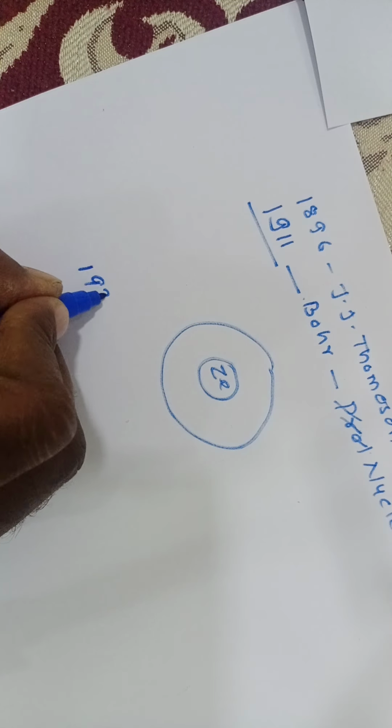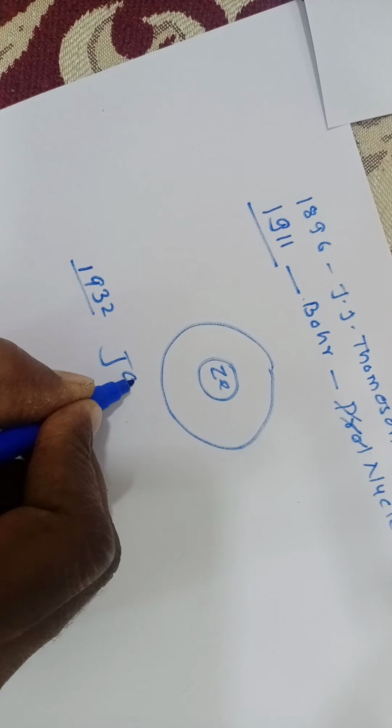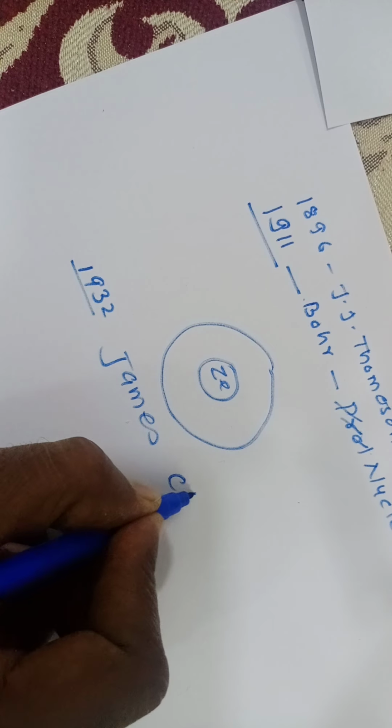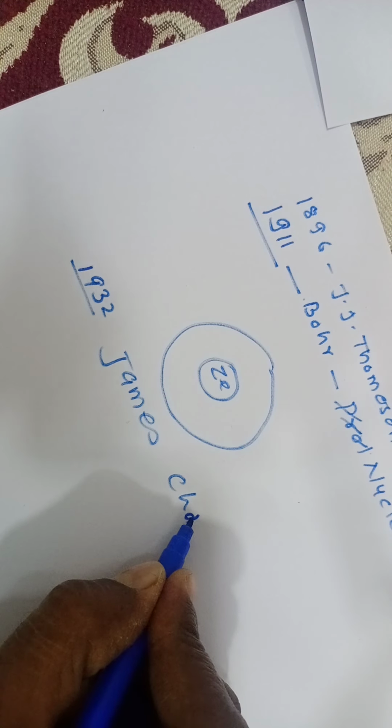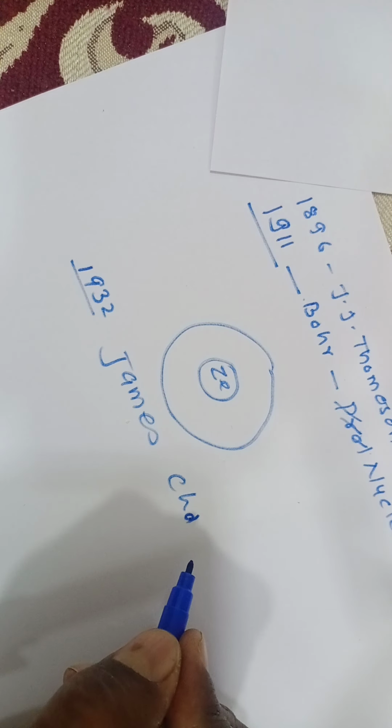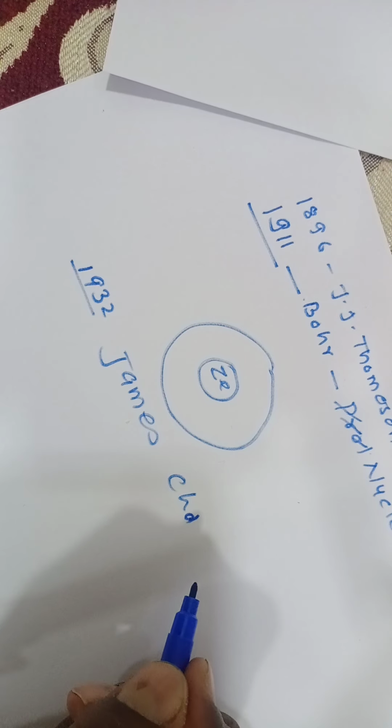In 1932, James Chadwick gave a theory, the existence of the neutron particle.